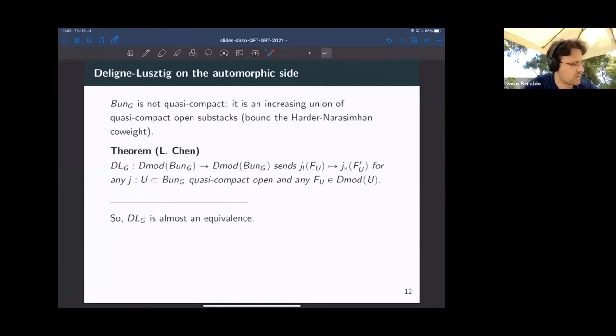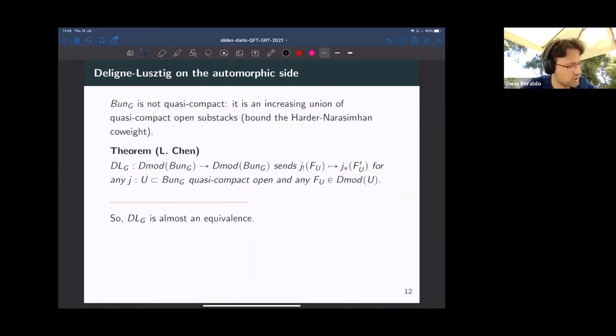It's useful because it can explain this. It messes things up at infinity. So like I said before, Bun G is now quasi-compact. So you can look near infinity, or rather I can look away from infinity. I just look at quasi-compact open substacks, take sheaves on these quasi-compact open substacks, and extend.